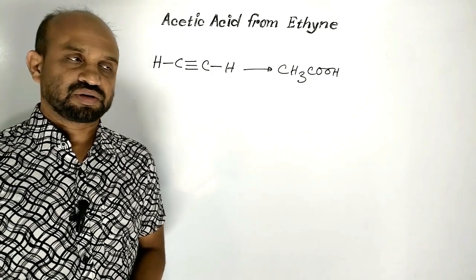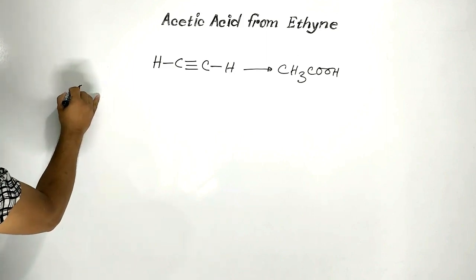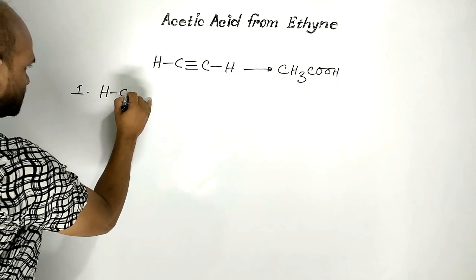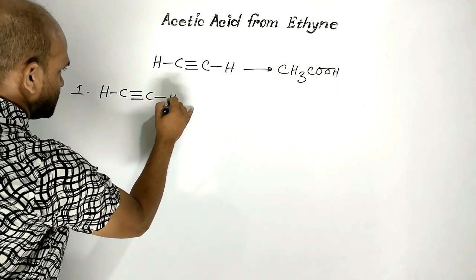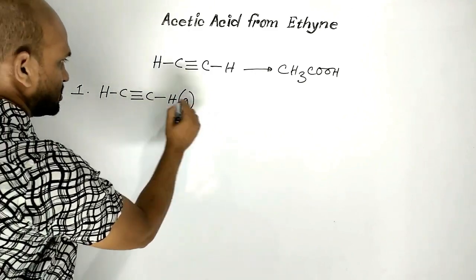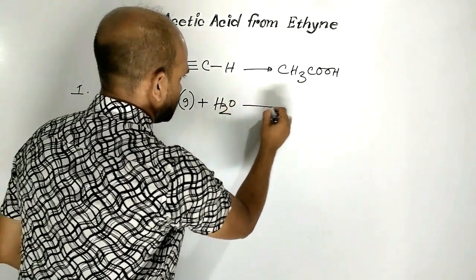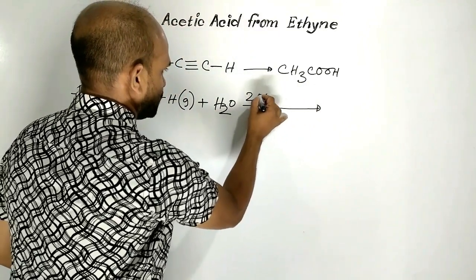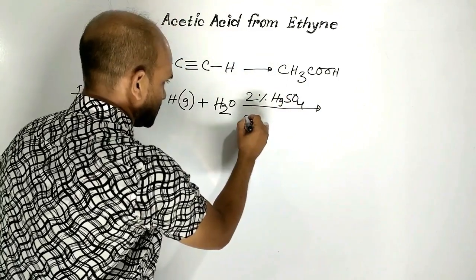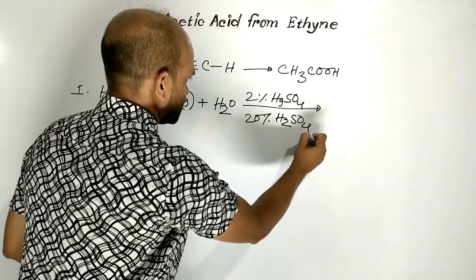Acetic acid is prepared from ethyne basically through two steps. Step 1. Ethyne gas or acetylene gas is passed in a mixture of 2% mercury sulfate and 20% sulfuric acid.